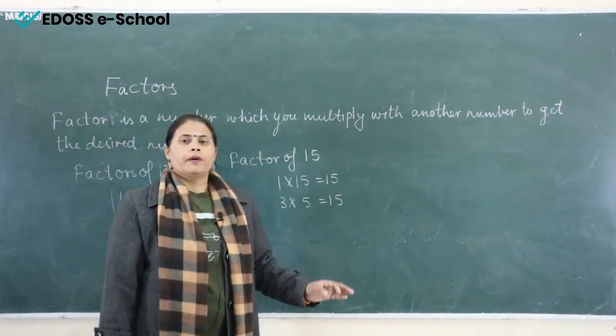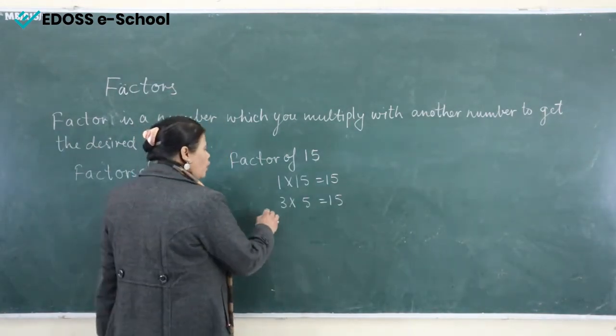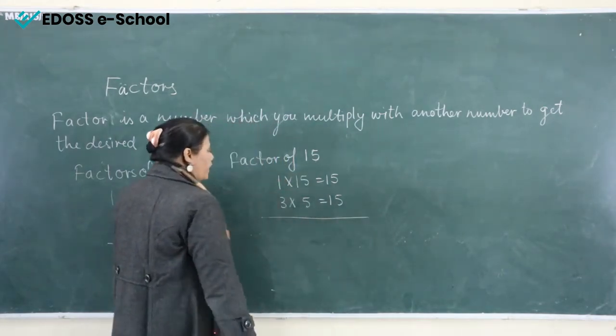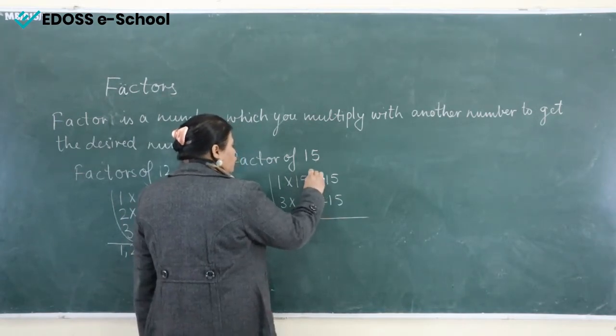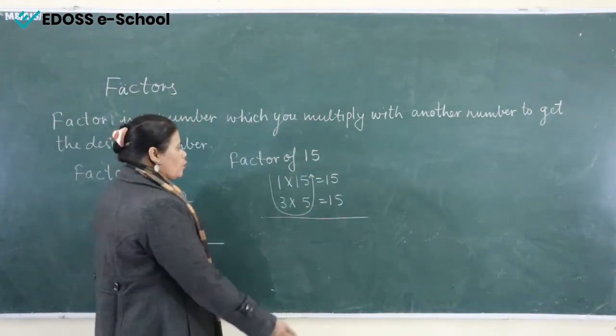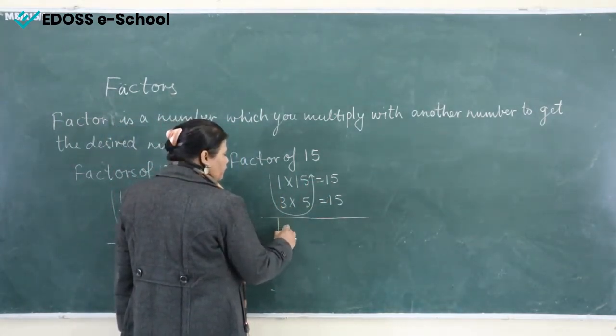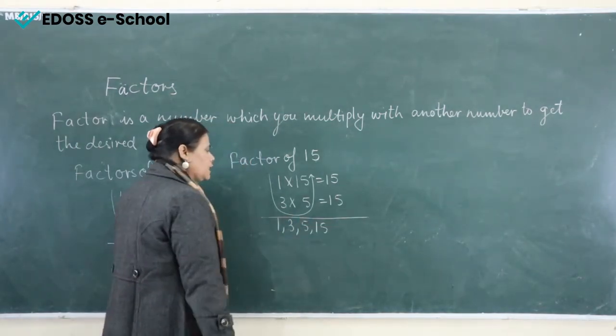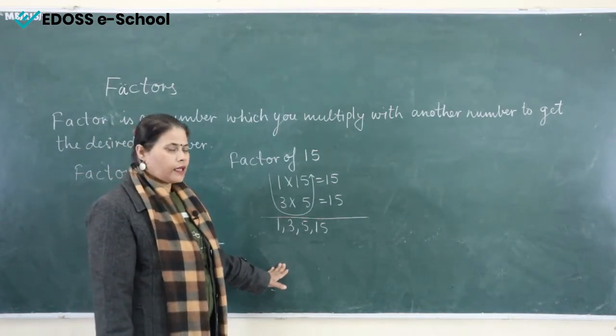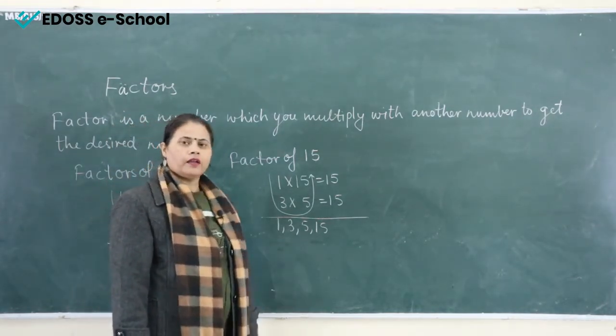If the number is repeating, it means you will stop here and write down the factors. Again, write the factors in a U shape, which means systematic. So here it is 1, 3, 5 and 15. These are called the factors of 15.